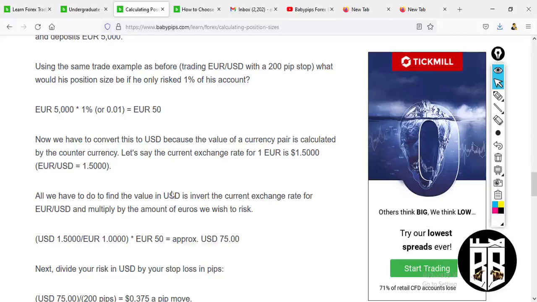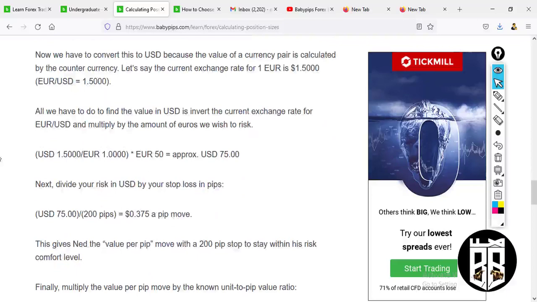Now, all we have to do to find the value in USD is take the current exchange rate for Euro USD and multiply by the amount of euros we wish to risk. So this is the conversion: 1.5 thousand cents divided by 1 euro, multiplied by 50 euros, and that will approximately give us 75 US dollars.